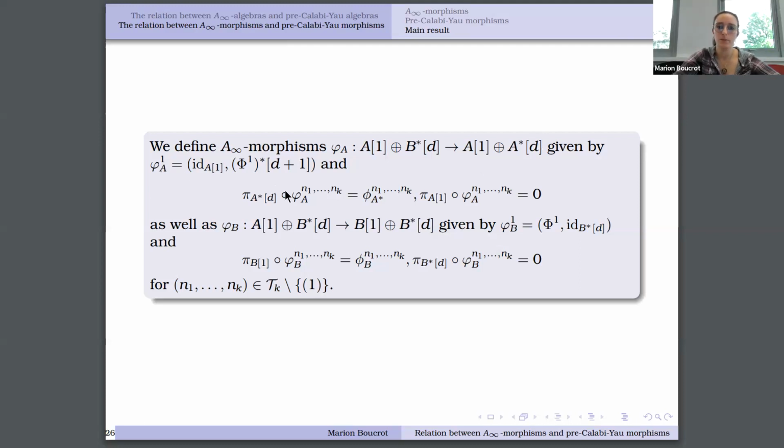So this is for the first component, and the other components that are not the first one, we will define like this.